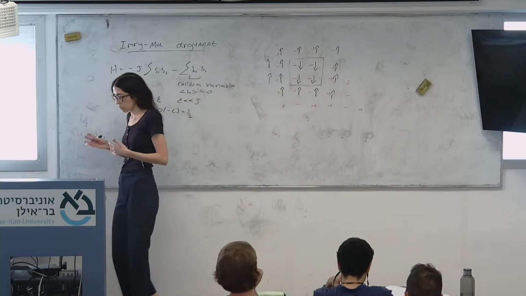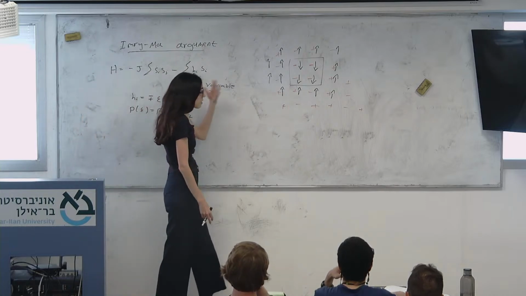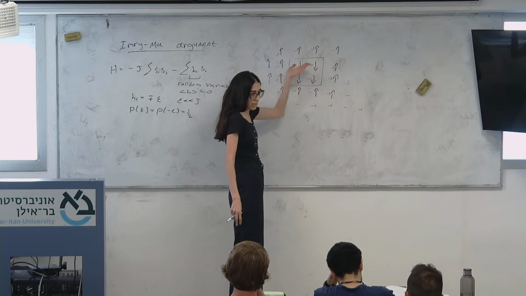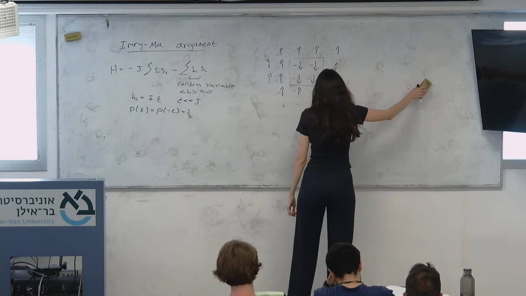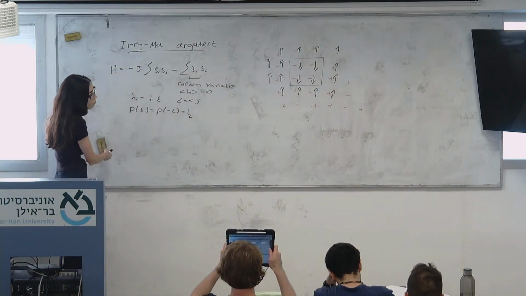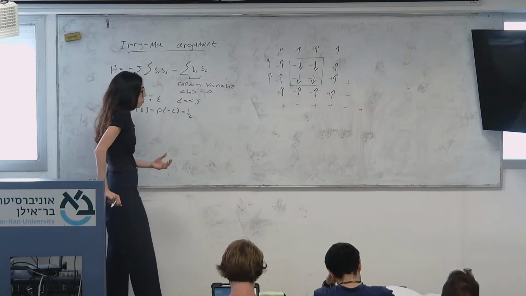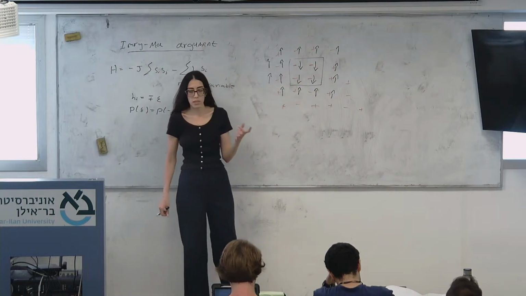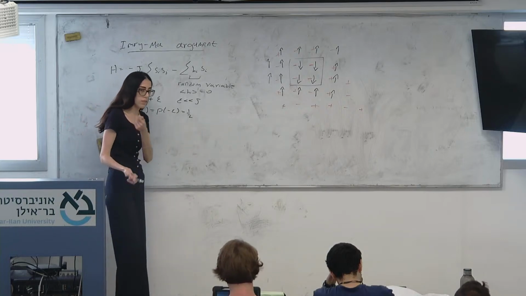Normally we know that they are also going to flip and align with the rest of the spins, but in that case they feel a magnetic field that may or may not keep them in place. So we want to find out, is it going to happen? Is it going to prevent the system from going through a phase transition? So what we want to do is compare the energy resulting from the magnetic field and the energy resulting from the interaction on the boundaries and see which one will win.